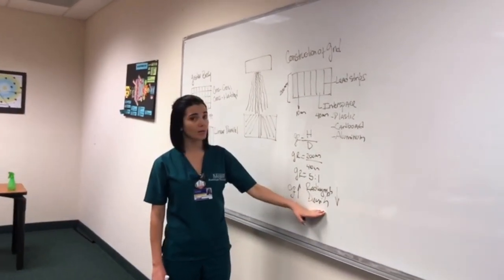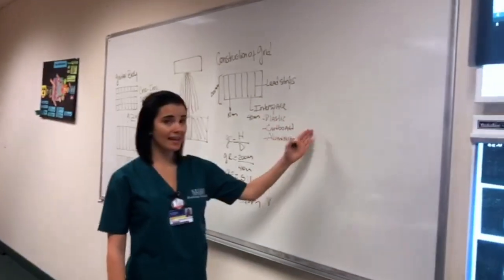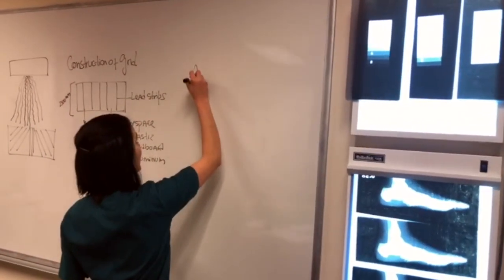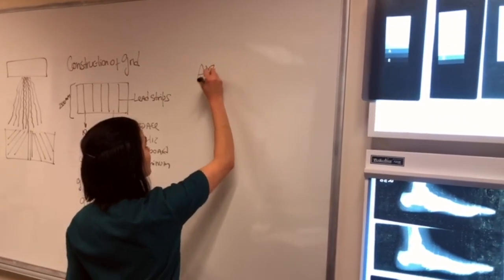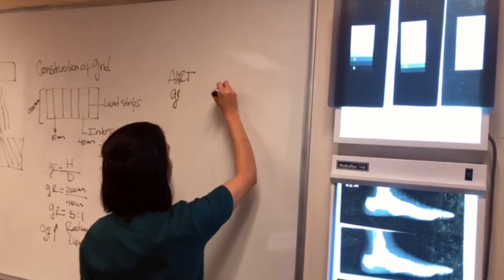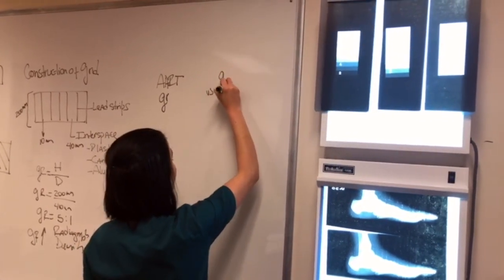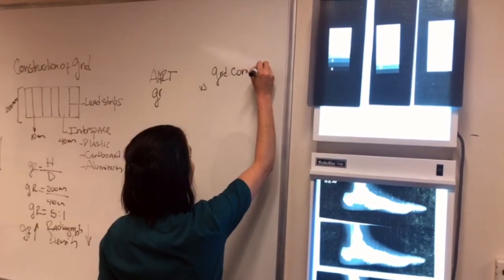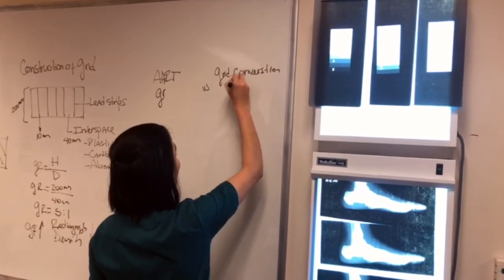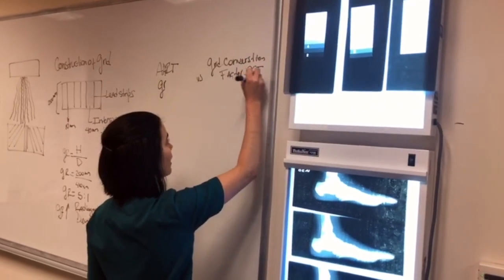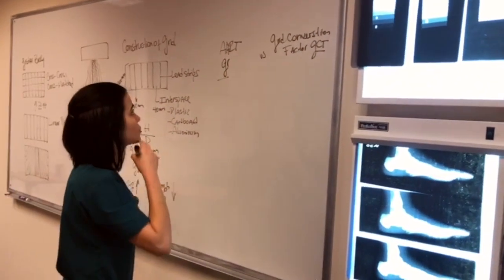So how do we calculate this? We have a standard chart: the grid ratio versus the grid conversion factor, the GCF.